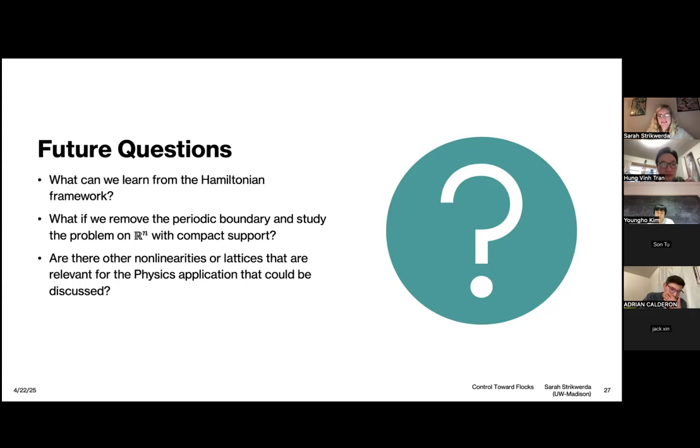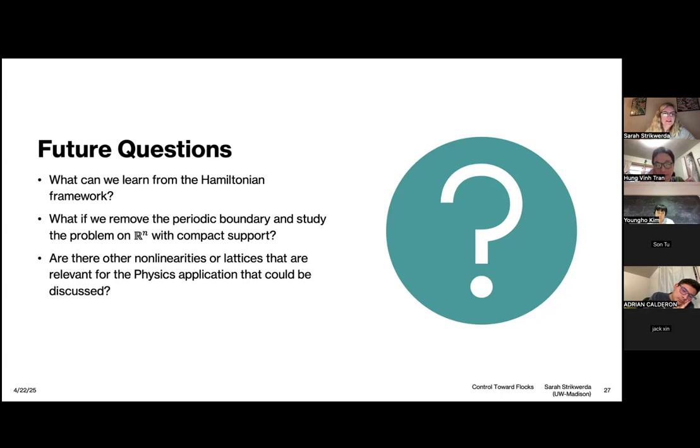So if we say that the initial configuration has compact support, as soon as we let time continue, what's going to happen? Or if we perturb it a little bit, how is that going to spread out into all of R^n? That's one thing that we want to look at a little bit more.